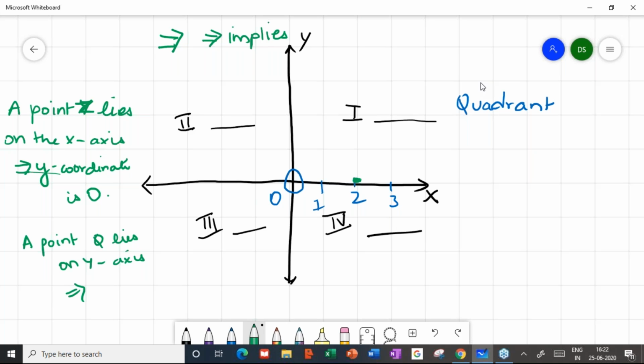So this implies that x coordinate is 0. Cool. And at origin both are 0, isn't it? Origin is written as O, 0 comma 0. This is not 0, this is O. O is 0 comma 0. Cool.